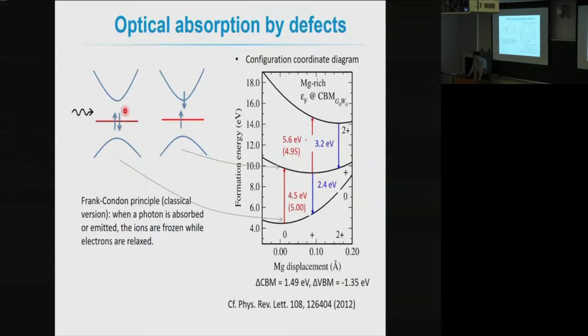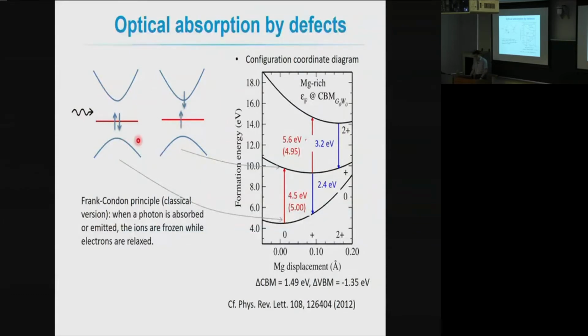Photon absorption occurs so instantly that in this excited configuration, the atomic geometry is still the same as the neutral state. Because the photon absorption is much shorter than atomic motion, when it absorbs, the electron goes up, but the other atoms, the ions, do not have enough time to respond. And so in this configuration, the configuration is the same as the neutral state.